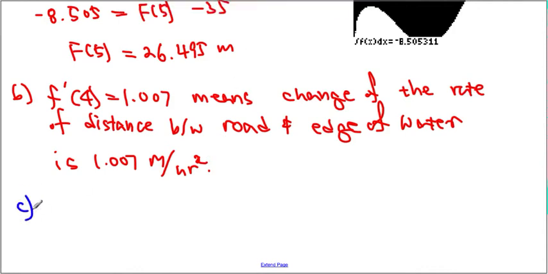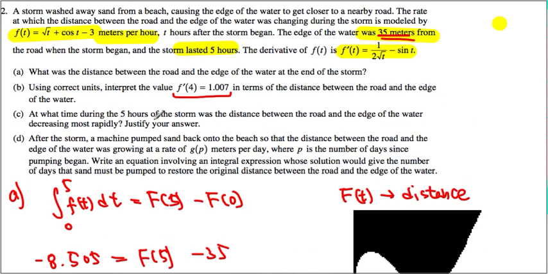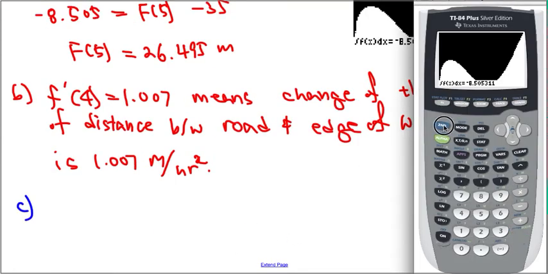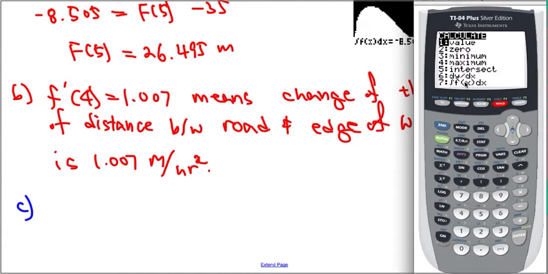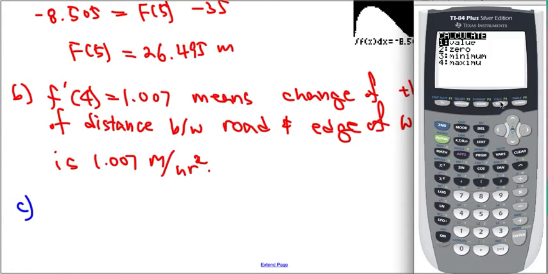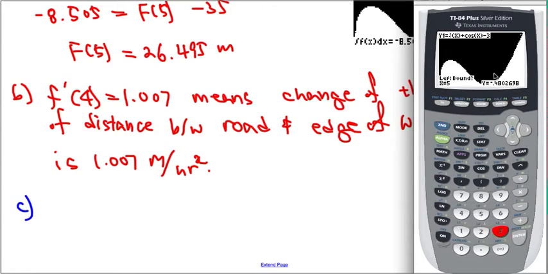Let's go for part C. At what time during the 5 hours of the storm was the distance between the road and the edge of the water decreasing most rapidly? That means we're looking for the minimum value. In this picture, we are looking at the value around here. So I'm going to go for second calc, and we're looking for the minimum value, which is choice 3. Actually, we'll do one more time. Left bound, I'll say 1, right bound, maybe 4.